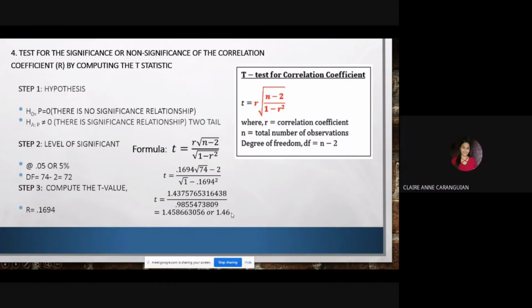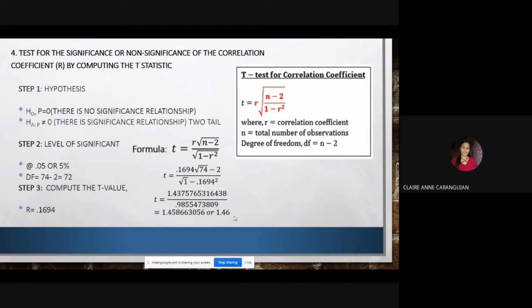Para hindi kayo malito, advice sa amin ng mga prof namin dati na mas maganda kung 4 decimal yung gagamitin. Pero dito, required na 2 decimal lang. So, pwede siyang 1.46 or 1.4586. Okay?